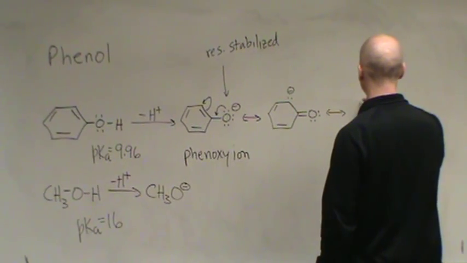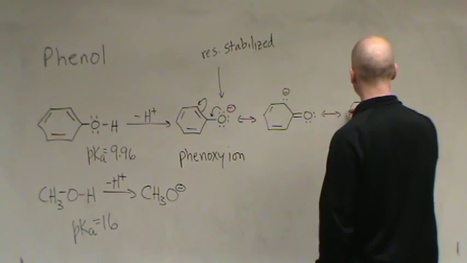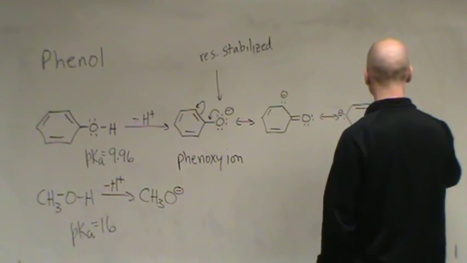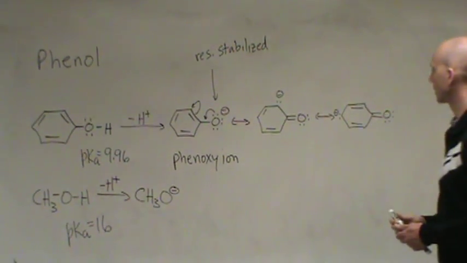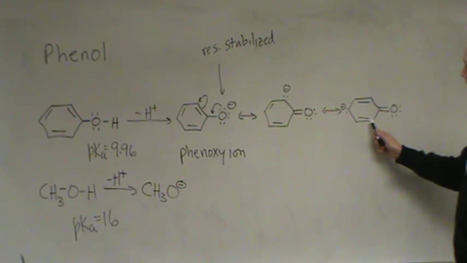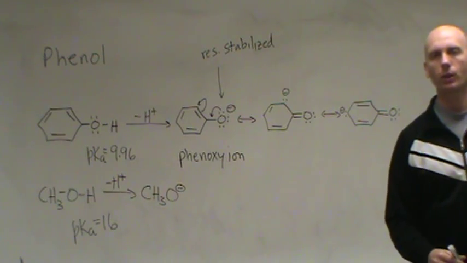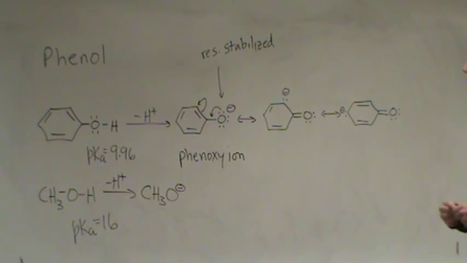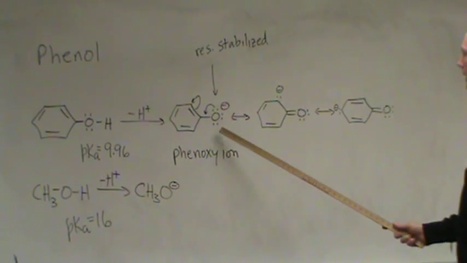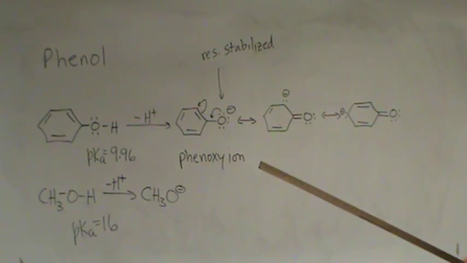Let's just draw one more. You get something like that, where the lone pair could delocalize once again to come down there. I'll let you draw that resonance structure. So here we see that this phenoxy ion is resonance stabilized by all of these resonance structures.